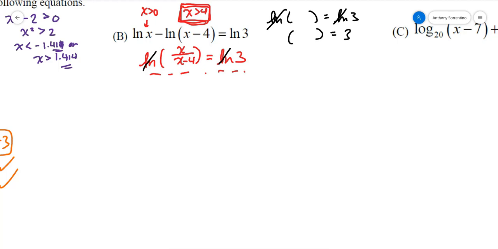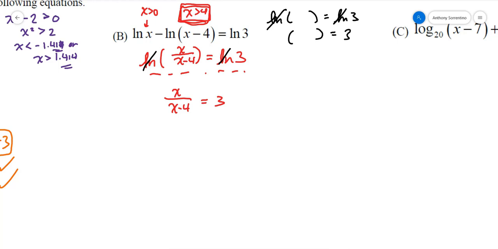And so now I can rewrite the left-hand side as x over x minus 4 equaling 3. Now, if you remember from earlier in this course, this is now a rational equation. Rational equations also have extraneous solutions themselves. So, I would usually have to say at this point, okay, what issues could I have with this?